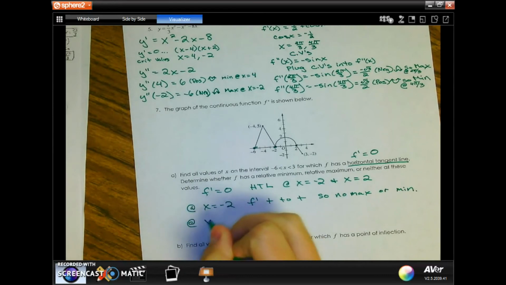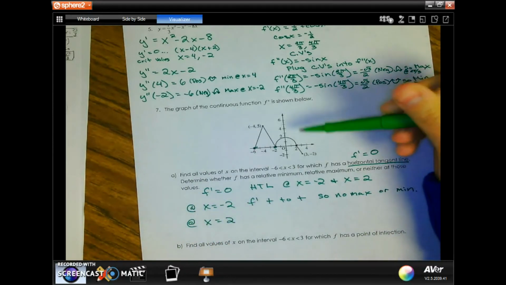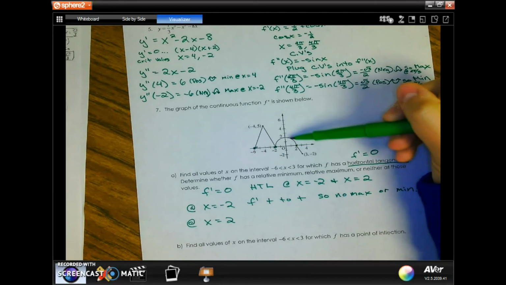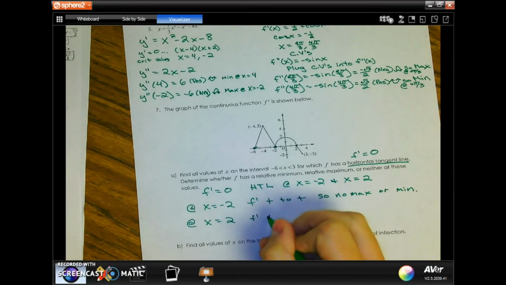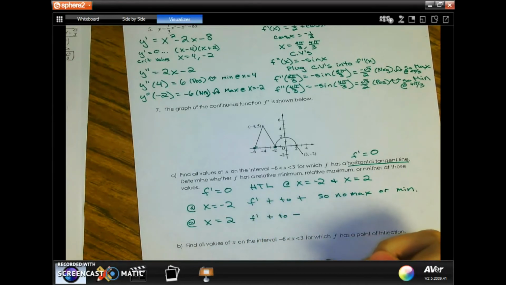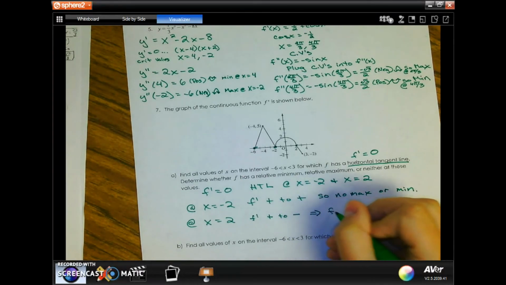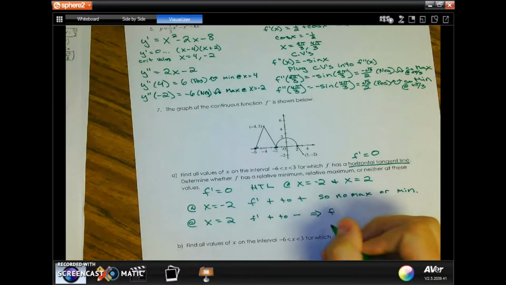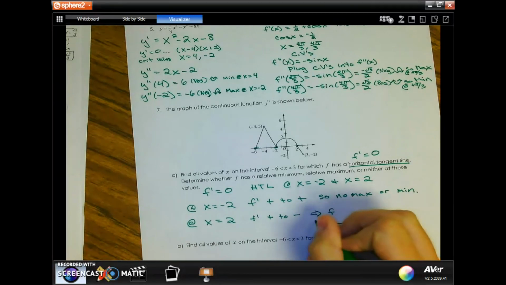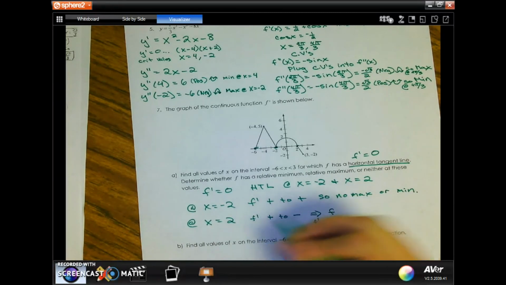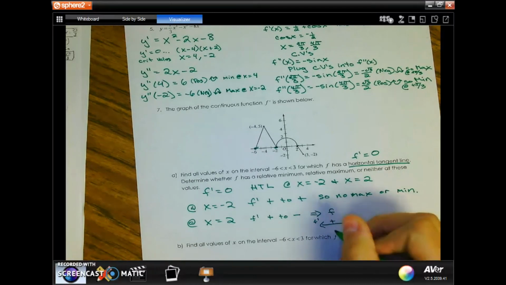Now let's examine what's going on at x equals +2. At x equals +2, the derivative goes from positive to negative. So that tells you that there's going to be a maximum, because that implies that your original, right? Think about what a sign chart would be. If your derivative went from positive to negative, that would imply that your function is going from increasing to decreasing.